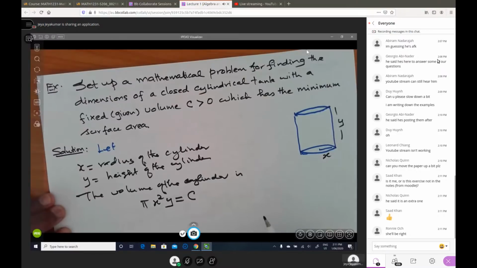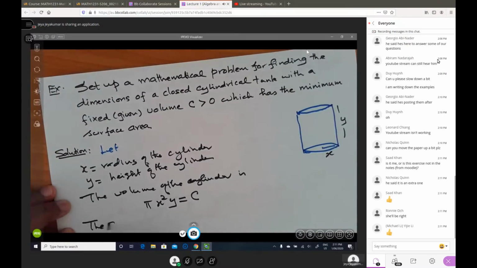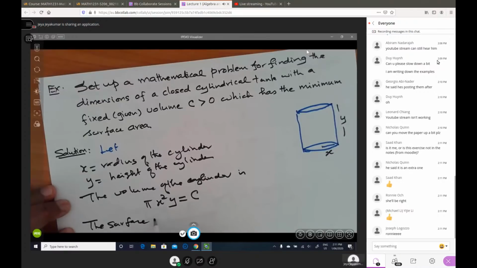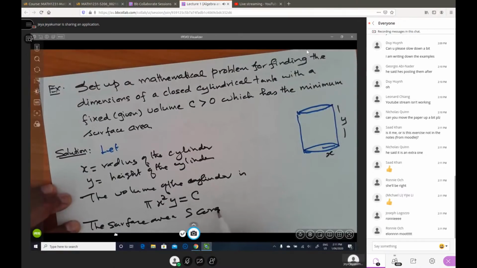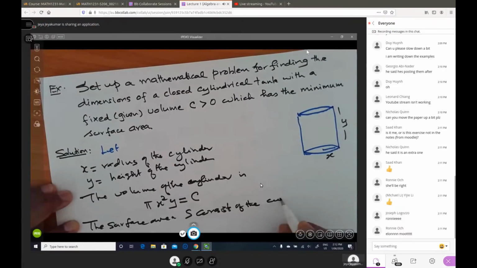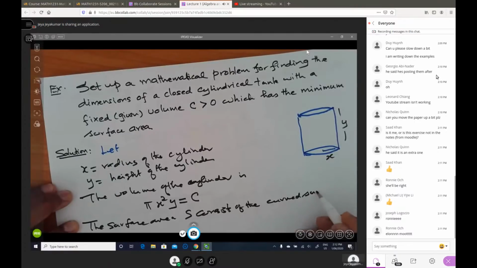Now we need to calculate the surface area. The surface area S of the cylinder consists of the curved surface plus the two circular ends.